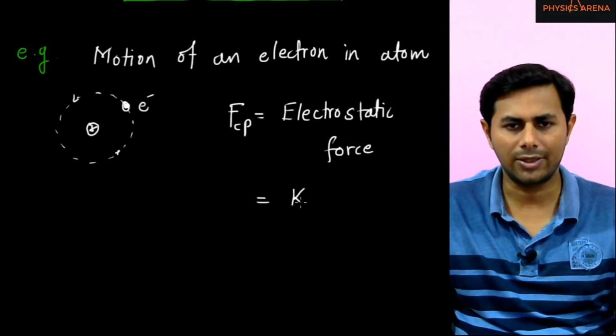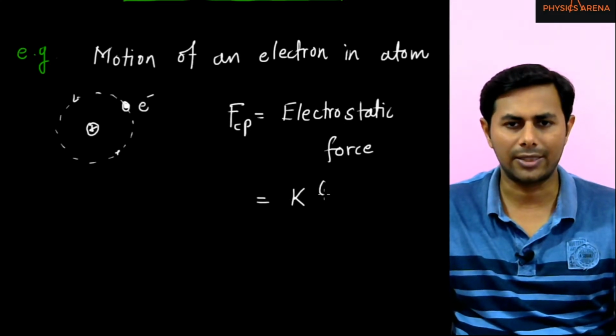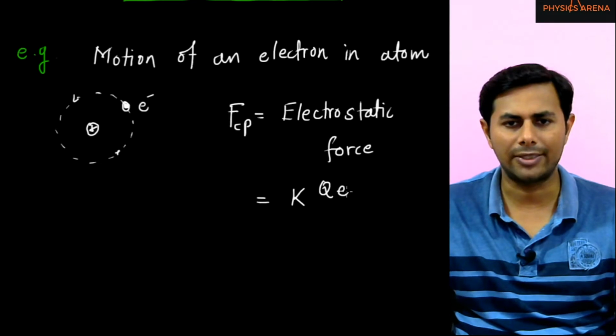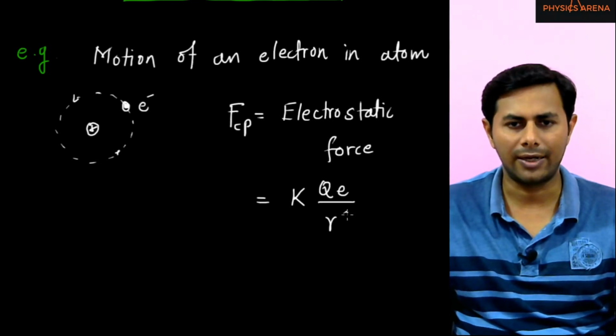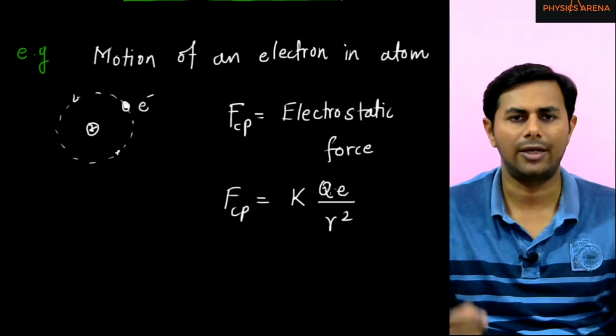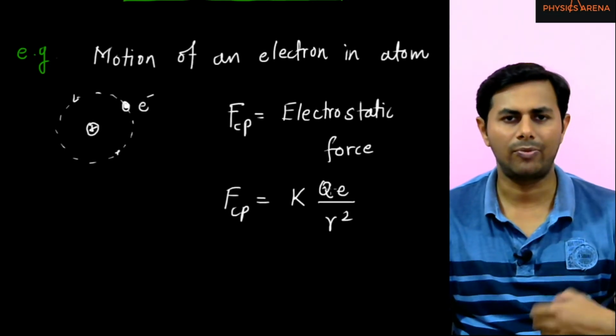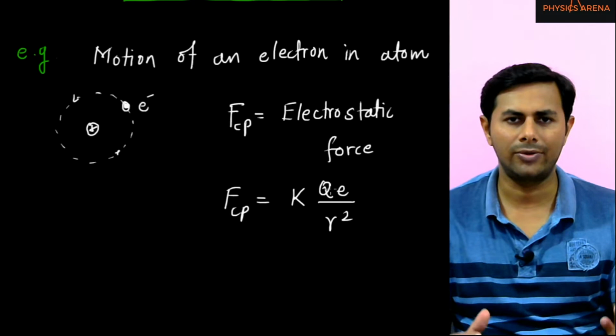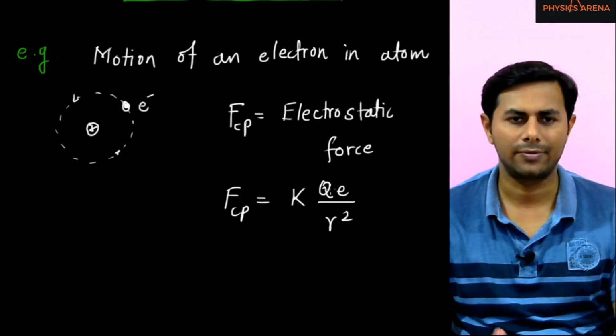It is some constant multiplied by charge on nucleus multiplied by charge on electron divided by r squared. So this is the centripetal force acting on an electron performing circular motion around the nucleus.